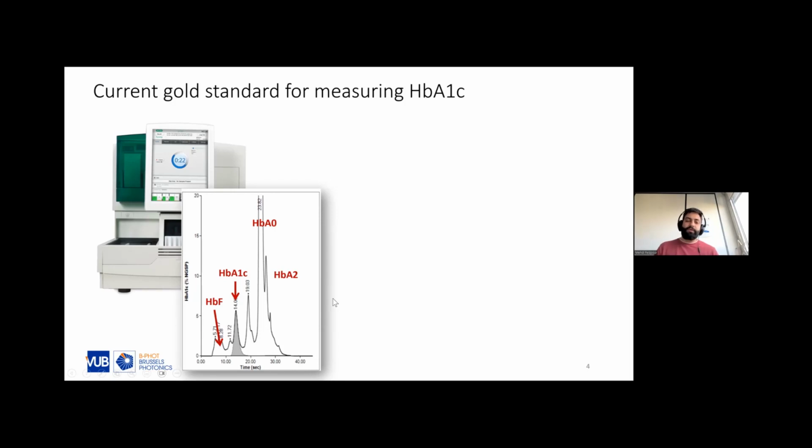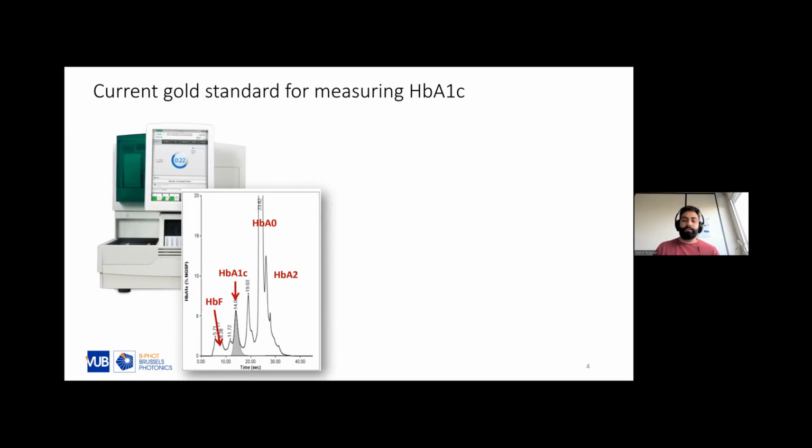Now, if they measure it with absorption spectroscopy, we call it UV-Vis, or with fluorescence, then they can say, okay, I had this amount of this component in my sample. Now, what happens if the person we are measuring has an abnormal hemoglobin fraction, for example sickle cell hemoglobin?